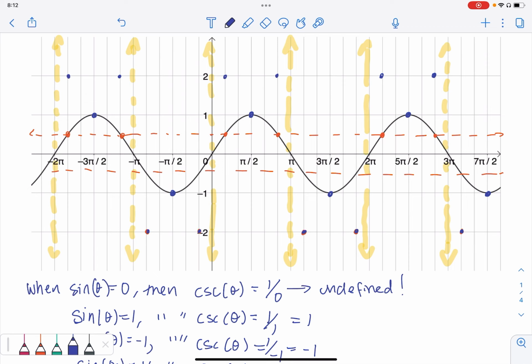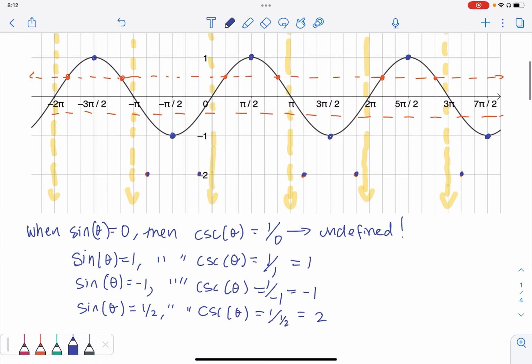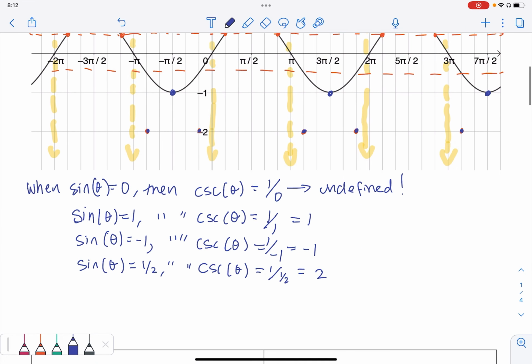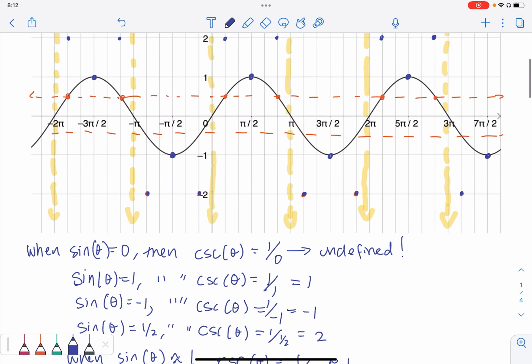Well, let's think about when the outputs of sine are really, really close to 1. So when sine of theta is about 1, think about what cosecant of theta looks like. Well, 1 over something that's pretty close to 1 is going to be about 1. Where does that happen?